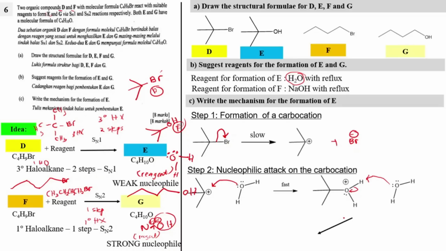And lastly, we produce our tertiary alcohol, which has the OH here, so it is equal to E. And we started off with D. So D can be converted into E by using this mechanism. So this is how we do question number 6.